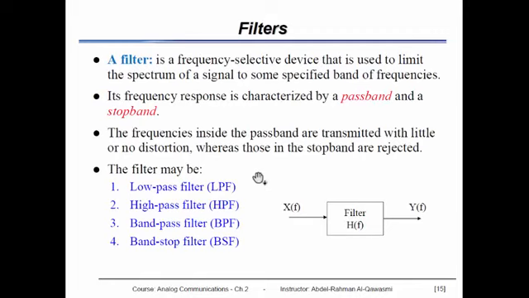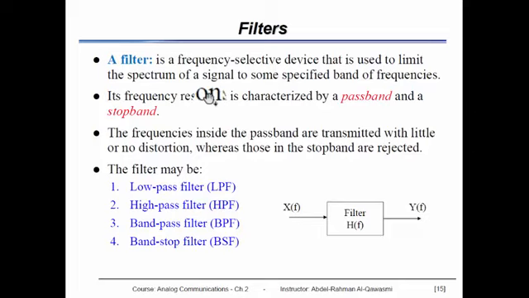Filters. What is the meaning of a filter? A filter is a frequency selective device that is used to limit the spectrum of a signal to some specified band of frequencies. Of course, if you have a wide range of frequencies and you want to limit them to a maximum and minimum, not allowing other frequencies to interfere with your signal, in this case you need a filter.